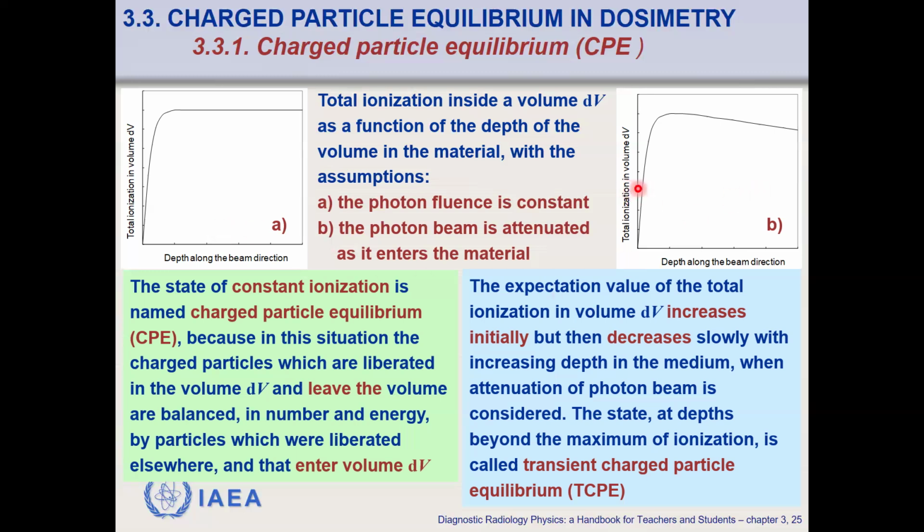Whereas the TCPE refers to the initial transient phase when the rate of ionization is fluctuating rapidly and hasn't stabilized. So with these two pictures, we can compare between two concepts: charged particle equilibrium and transient charged particle equilibrium.